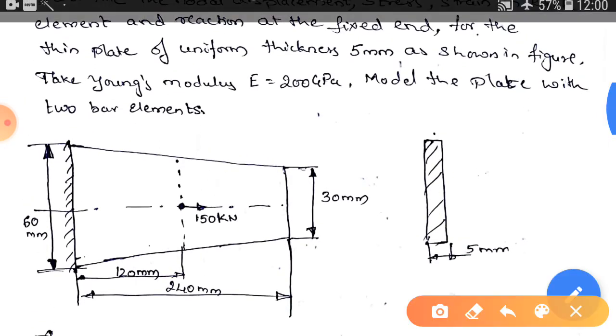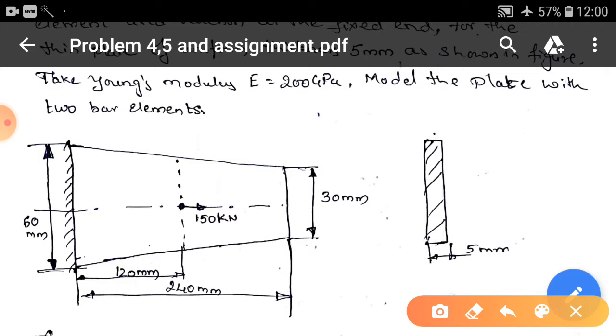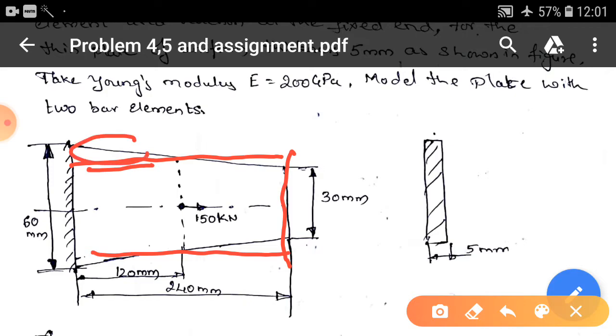Now what we'll do is, instead of analyzing it as a tapered bar, we consider its average area. If I take it equal to this red one, here some part of the area I have neglected and here some part of the area we have added.